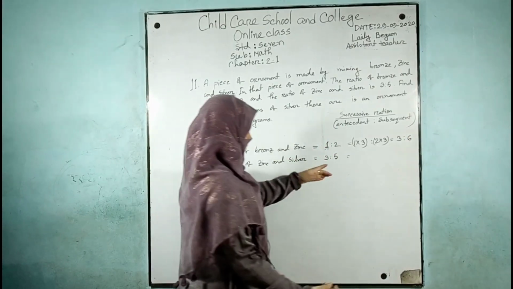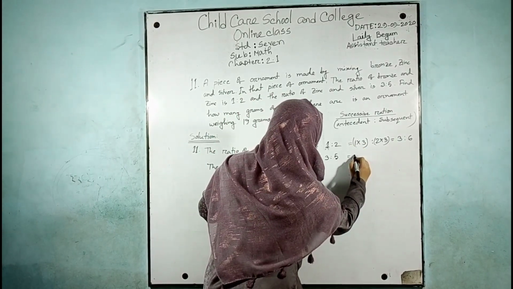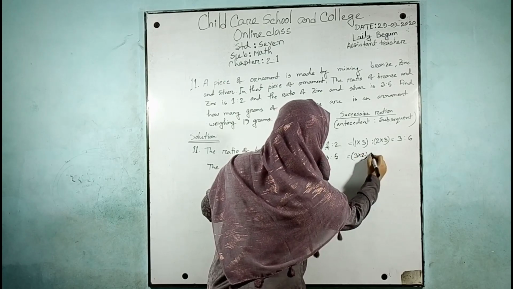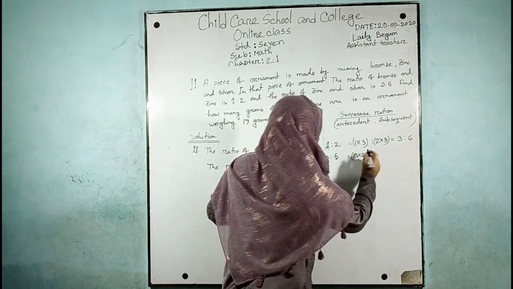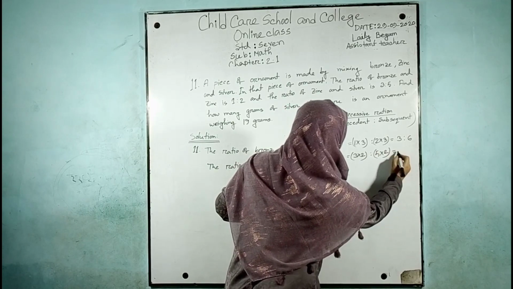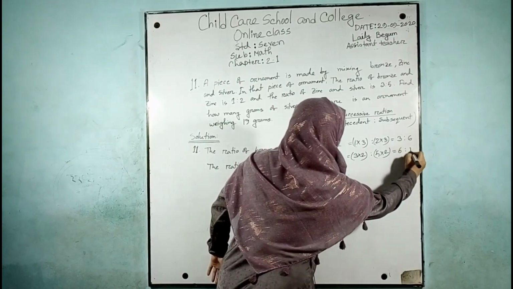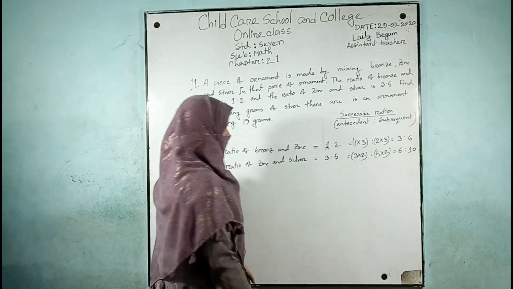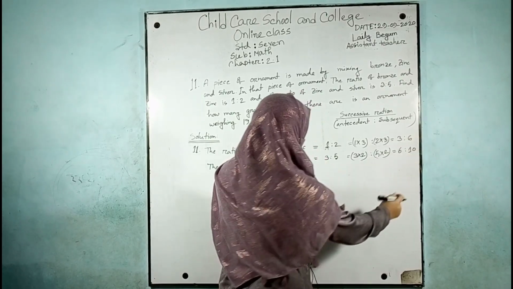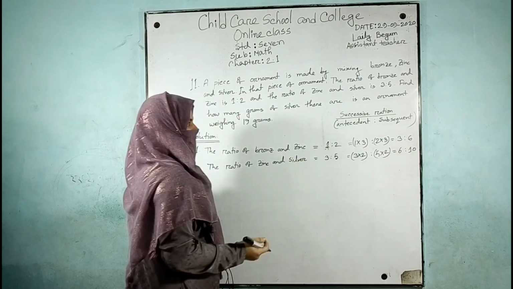And we multiply the second ratio 3:5 by 2, so 3 into 2 is 6 and 5 into 2 is 10. Now you see the subsequent of the first ratio and the antecedent of the second ratio are equal. So it is called a successive ratio.